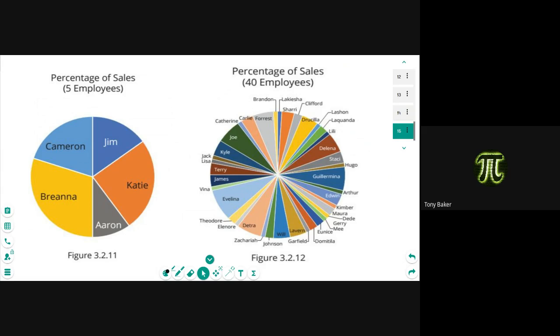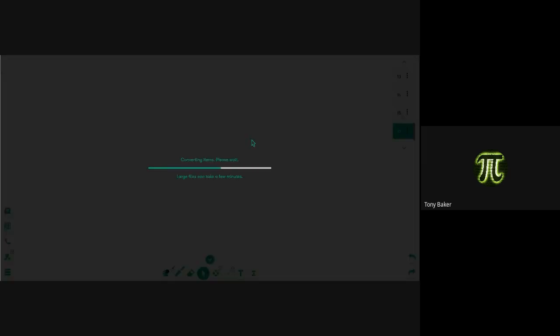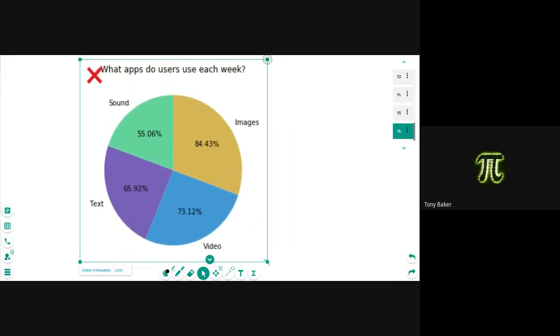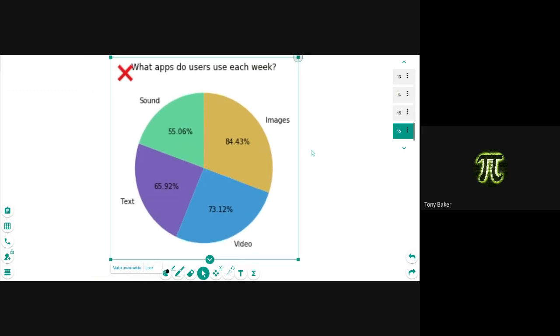All right, let's look at another pie chart. Okay. Is this a good pie chart? Is it a good pie chart? Okay, why is it a good pie chart? You're right, it's not 100%.